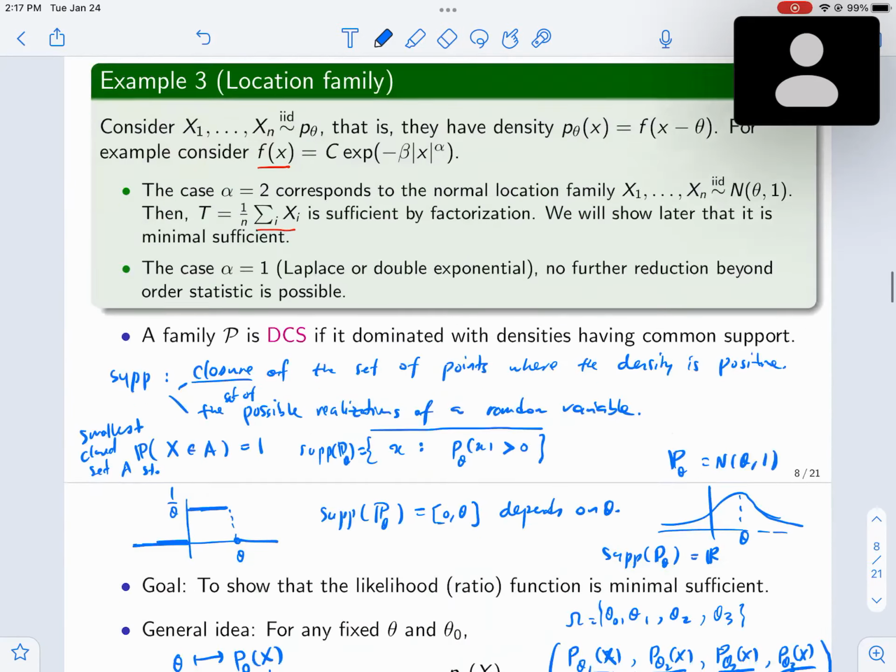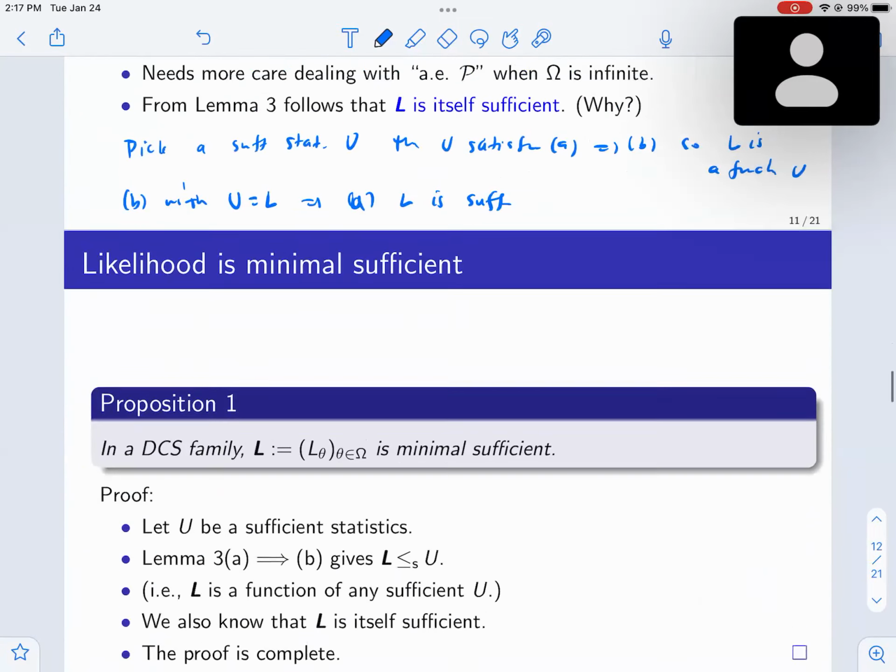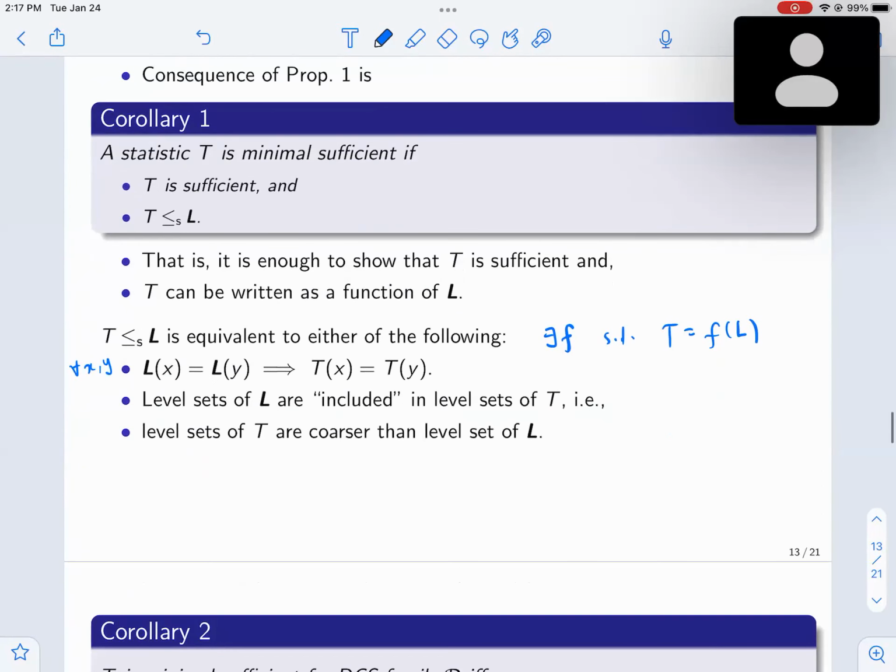We can go through it, but I'll let you figure this out for yourself. It's rather easy. The idea is that if L cannot distinguish two data points, intuitively T shouldn't be able to distinguish them either, because otherwise you would have more information.